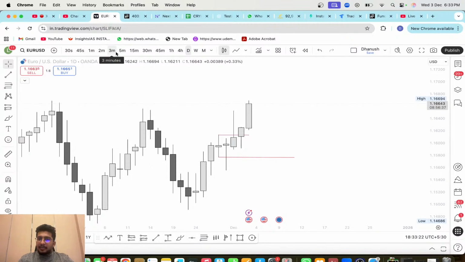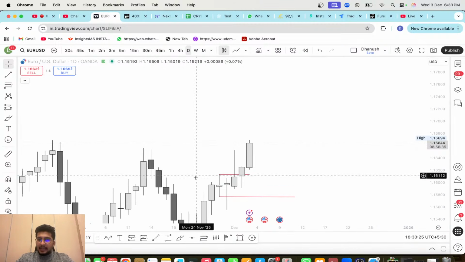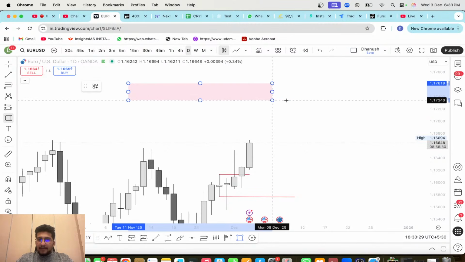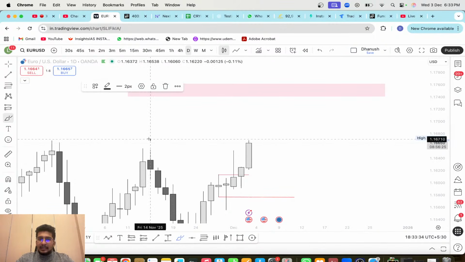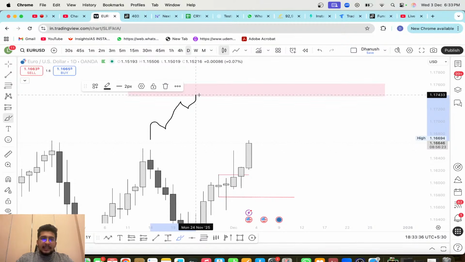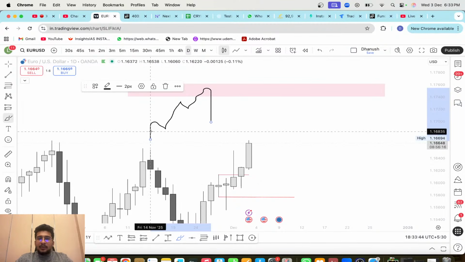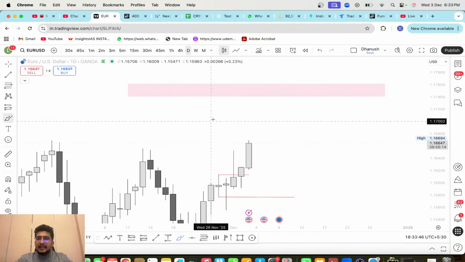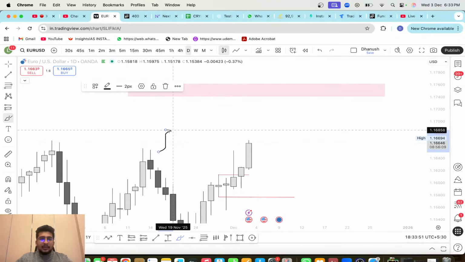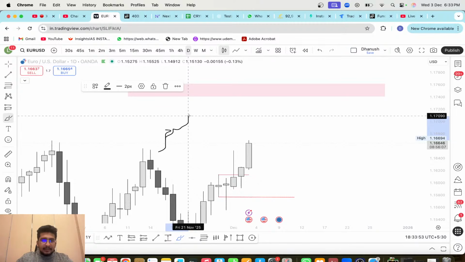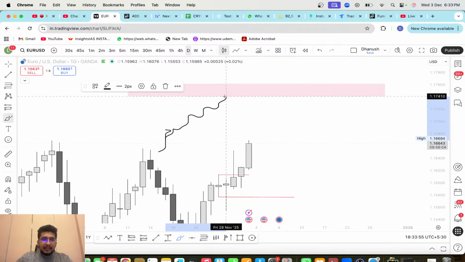What is displacement MSS? Simple. Let's say we have some key levels over here. It can be a liquidity or an FVG or anything. In the lower time frame, if the market is moving into the key level and reaches it, we need to look for a sudden reversal, which means the key level is respected.